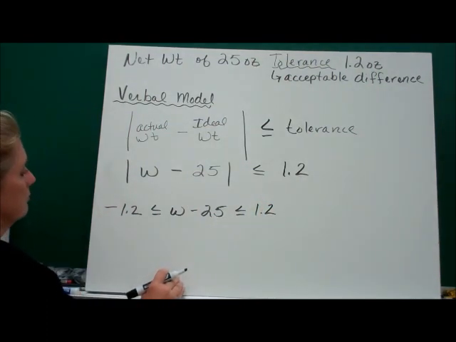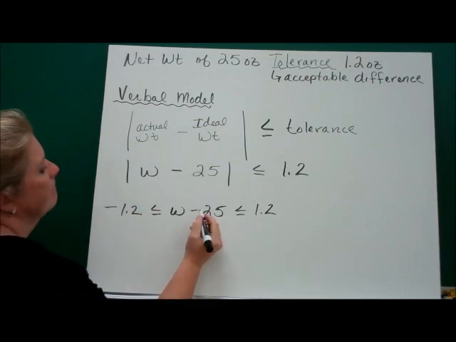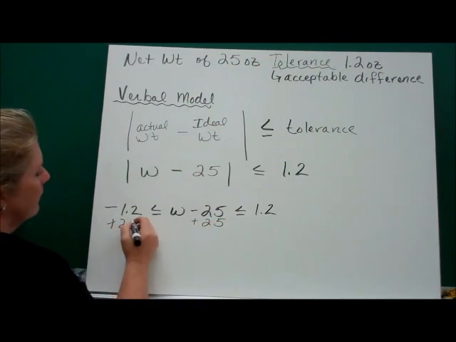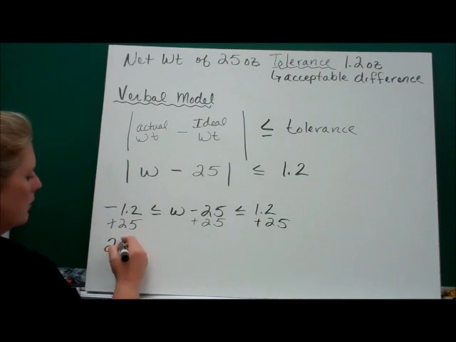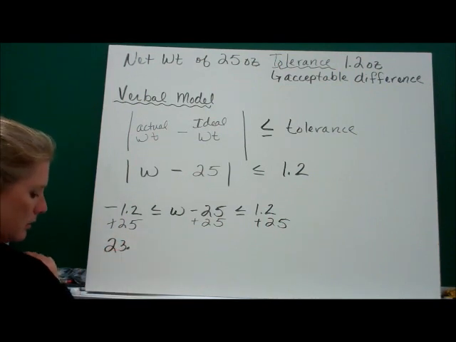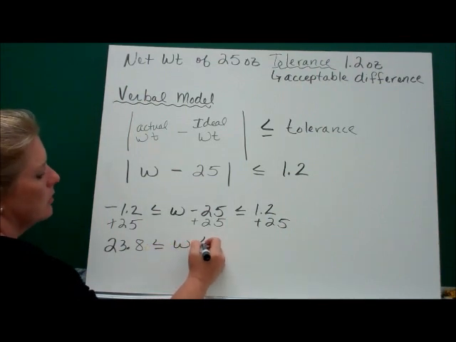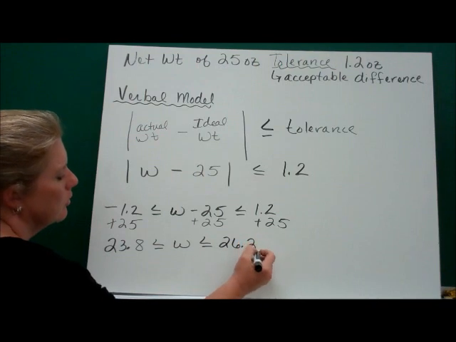So, what is our range of acceptable weights? Add 25. We get 23.8 less than or equal to W is less than or equal to 26.2.